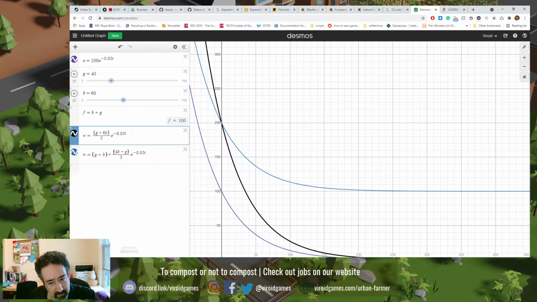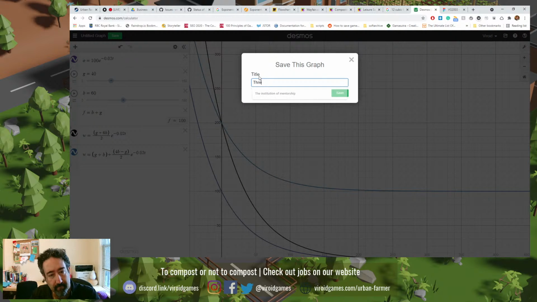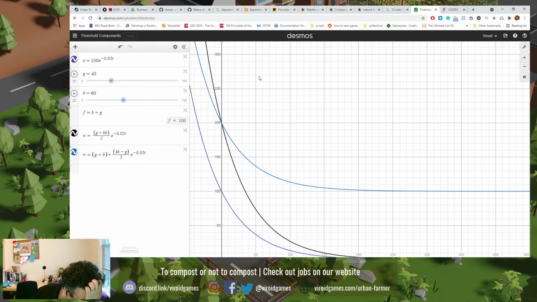Punching numbers. Still something is not quite right. I think I should create a separate function because I'm going to keep confusing myself.